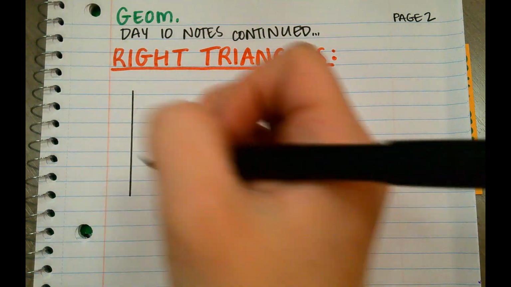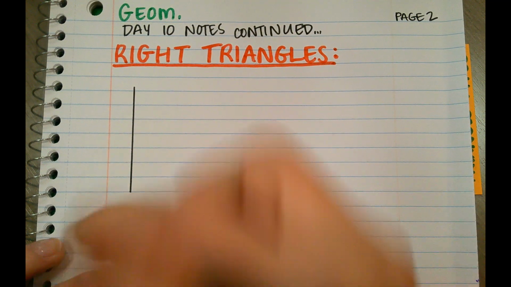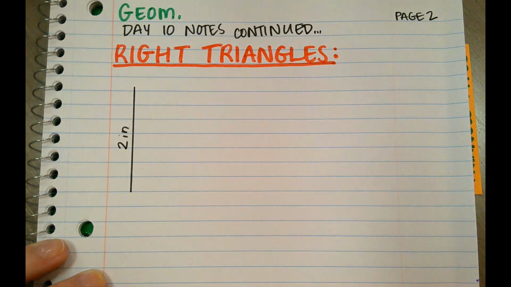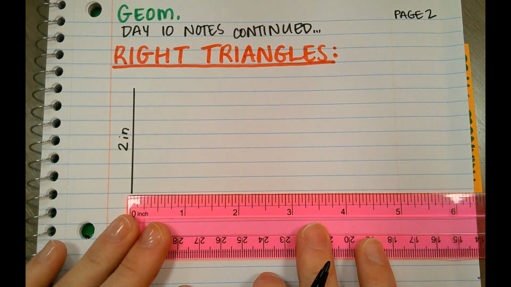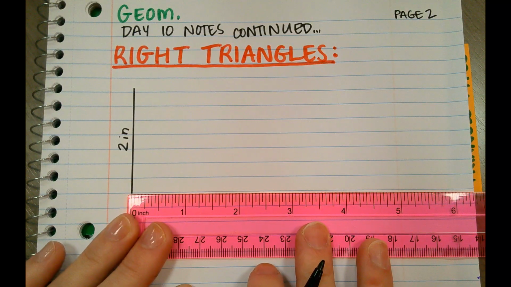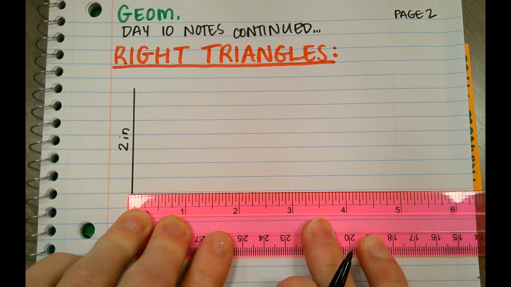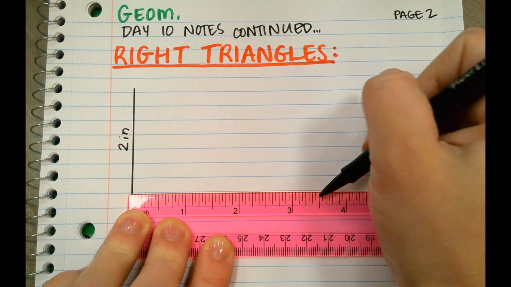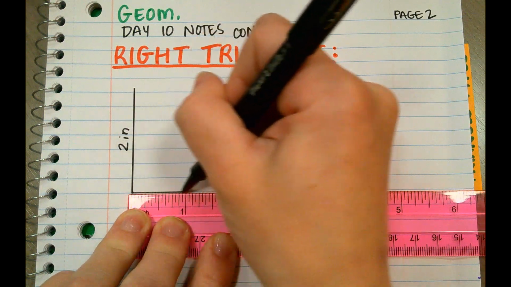And I'm going to label that 2 inches. For the other leg of the right triangle, let's go with 3 inches.